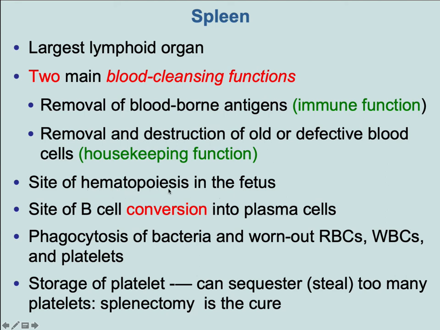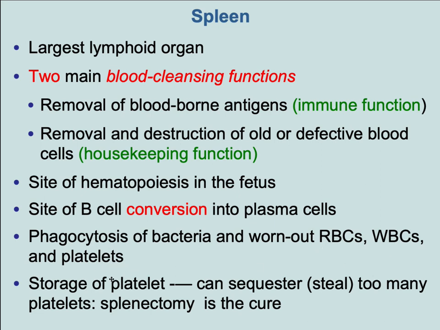Hematopoiesis is blood cell formation. This is where B cells get converted to plasma cells. This is also where there is phagocytosis of bacteria, as well as the defective red blood cells and platelets.